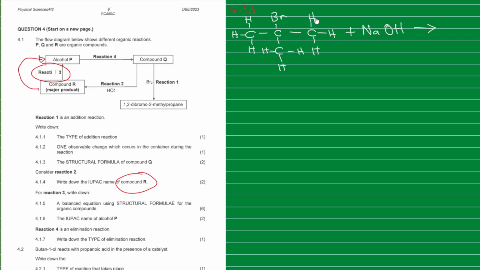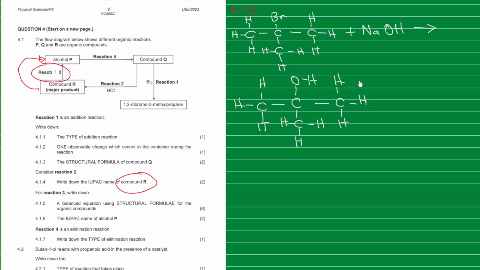So what we'll get now, the major product is going to be this C here, bonded to this C, but the Br will be substituted, so there we will have an OH, and here we still have our methyl over here, and then this is bonded to that, and that. Okay, so this is our structural formula plus sodium hydroxide.